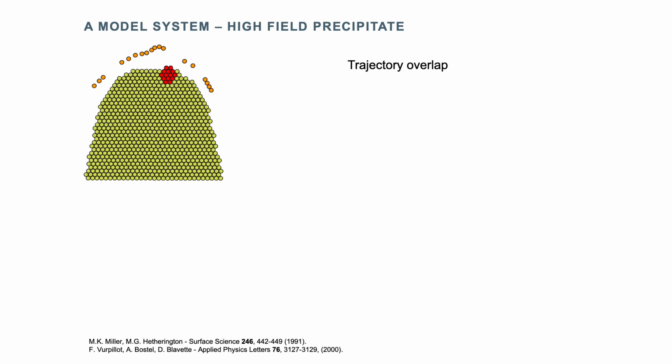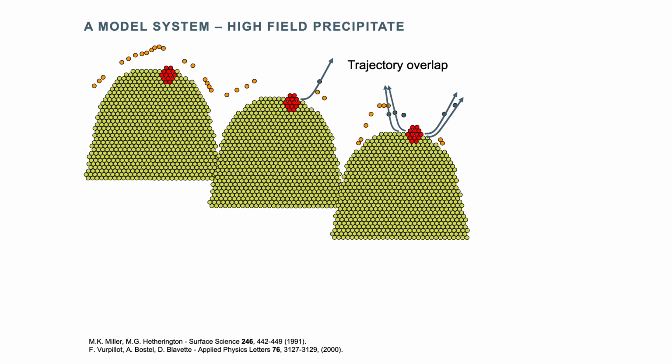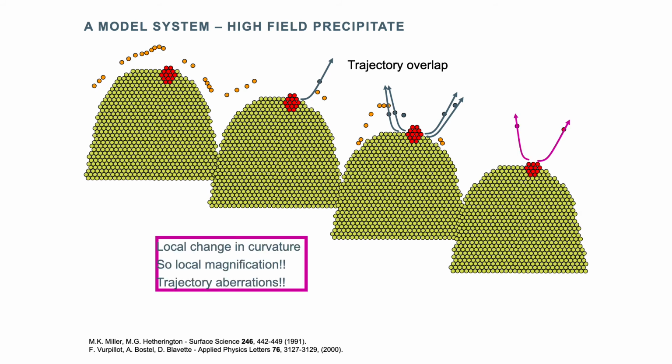And again, if I start looking at not just one atom, but multiple atoms, you can actually have atoms from this particle here that requires a high field, that instead of being field evaporated and fly straight, are going to be deflected to the side and end up being imaged alongside atoms from the matrix. And these are the so-called local magnification effects and trajectory aberrations.